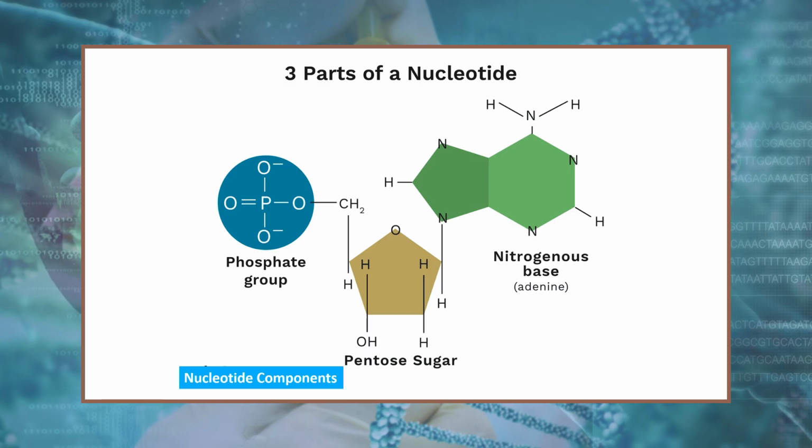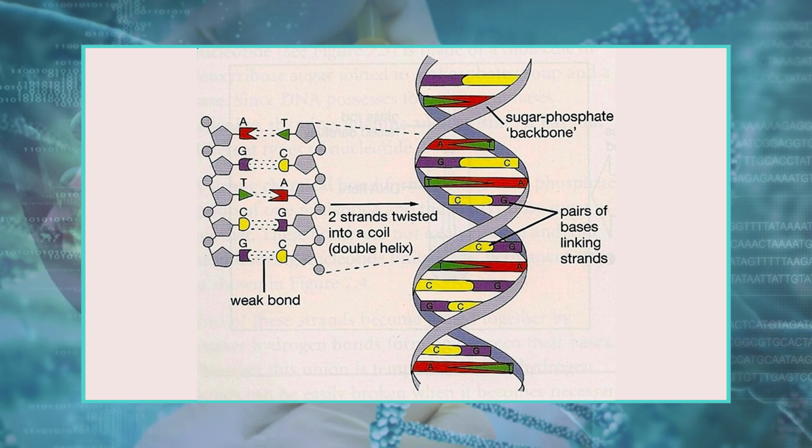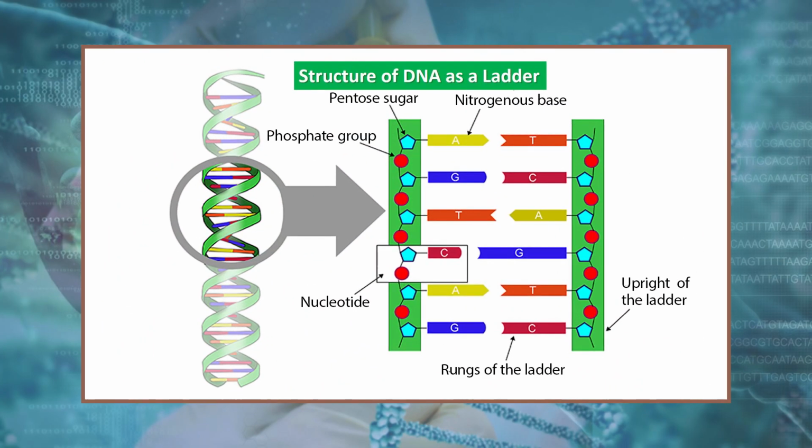So DNA is a polynucleotide. Nucleotides are arranged in 2 long strands that form a spiral called a double helix. The structure of the double helix is somewhat like a ladder, with the base pairs forming the ladder's rungs and the sugar and phosphate molecules forming the vertical side pieces of that ladder.